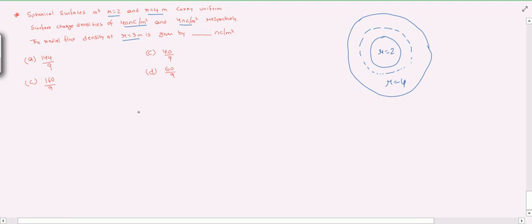Now what is Gauss law? Gauss law says that the integral of D dot dS equals Q enclosed, the charge enclosed.